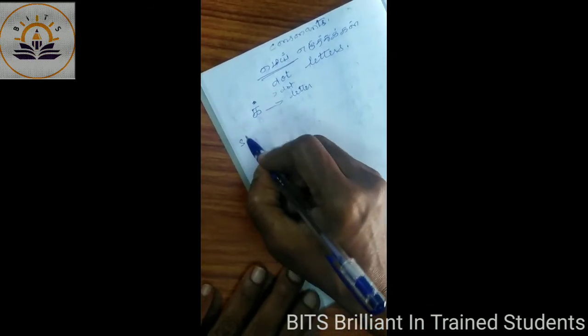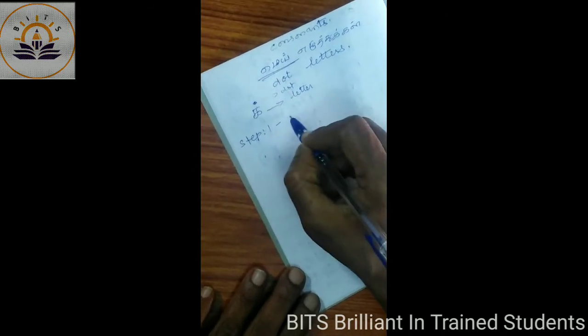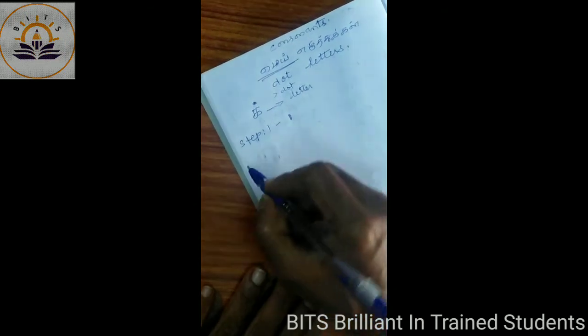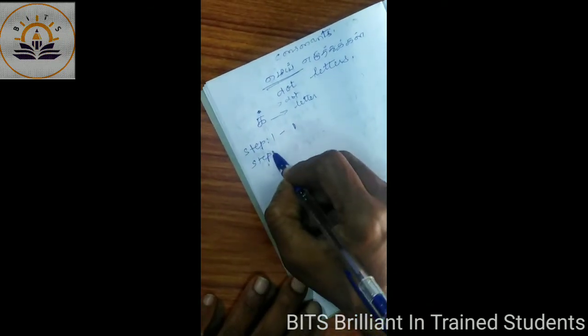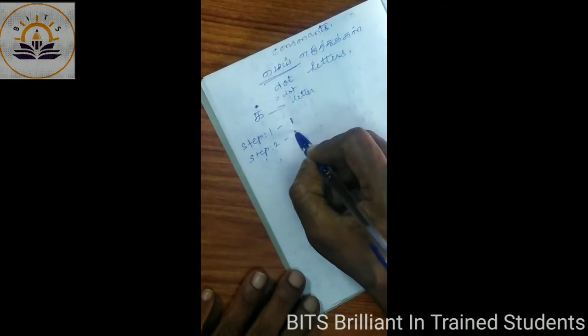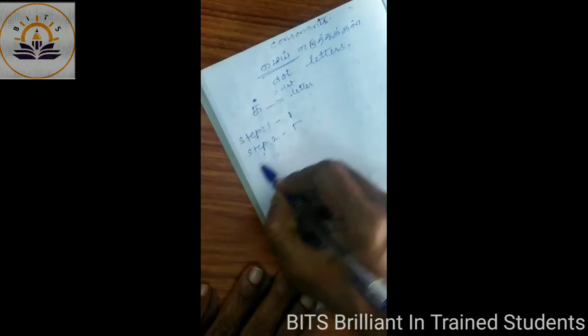How can we write? Step 1. Put one top to bottom, one stroke, small stroke. Step 2. In this stroke, put your finger upside and put a sleeping line, lengthy line.